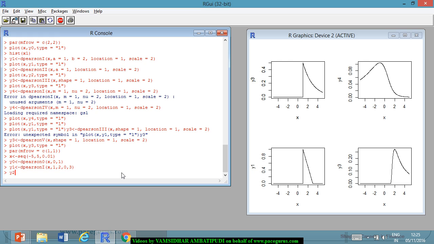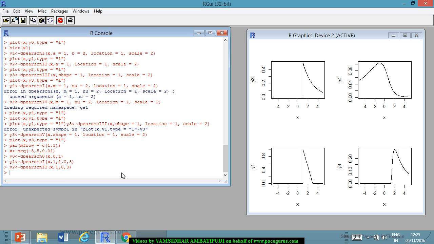Okay, so then I'll set y2, which is a symmetric beta, dpearson2. So I need to give only one value of A. Let me give 1, and I have one location parameter 0 and a scale parameter. Let me take the scale parameter as 3 itself.